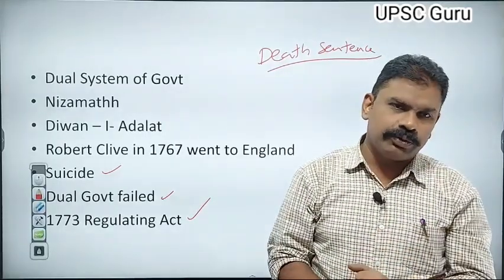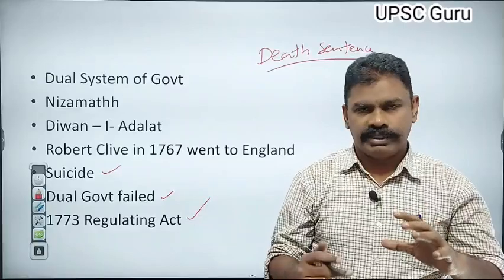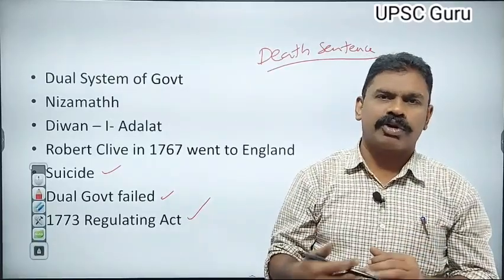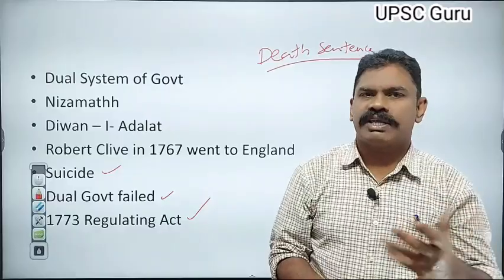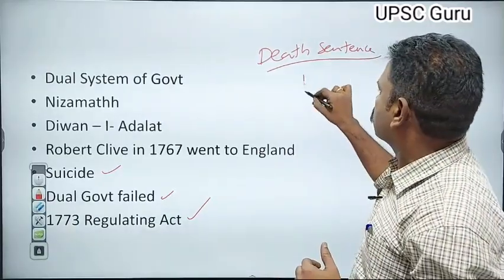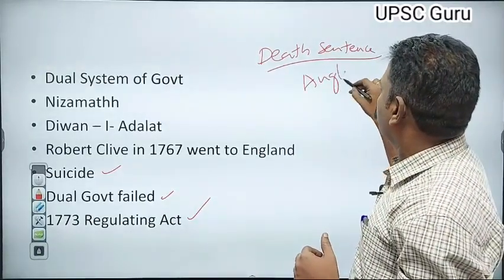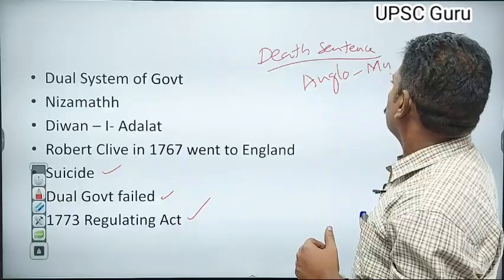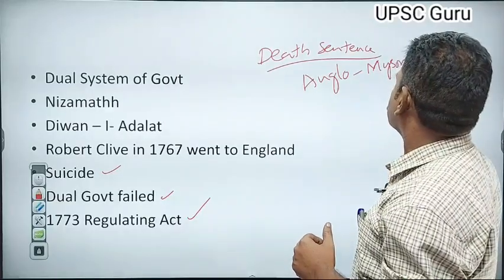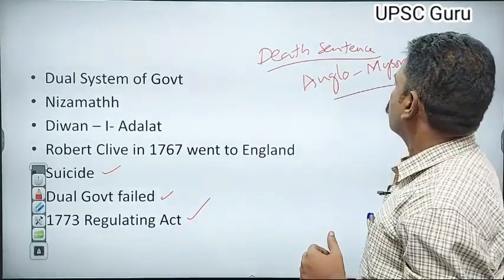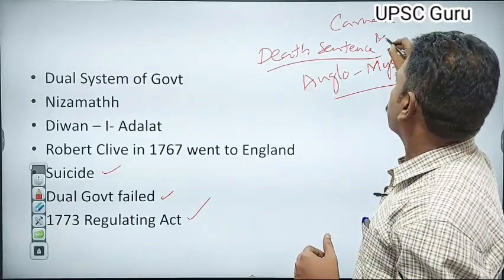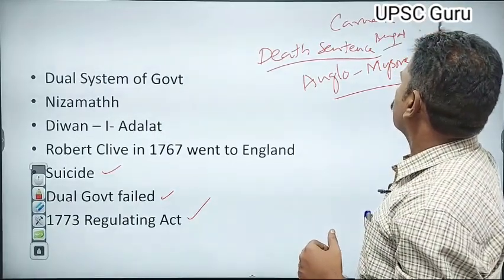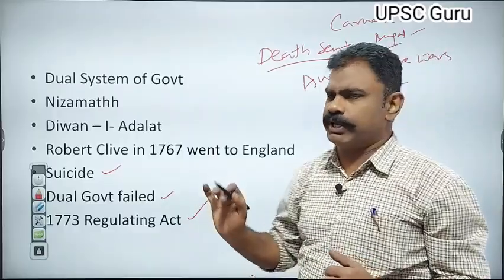In the next video, in the point of modern Indian history, we will continue with other wars like the Anglo-Mysore Wars. Till now, we completed the Karnataka Wars and also the Bengal Wars.